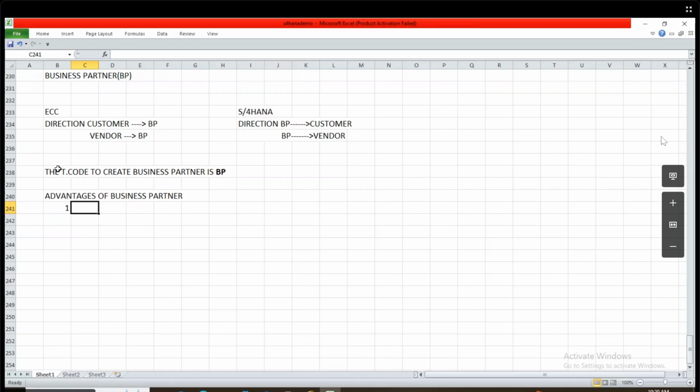A single T code to create, change, and display, not only customer, vendor also. So take this single T code to create, change, and display: that is BP.